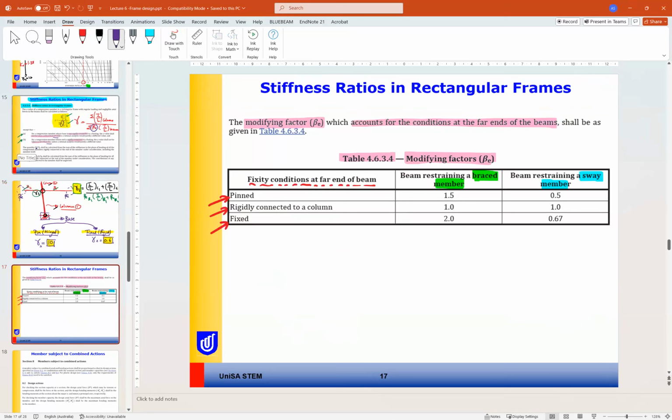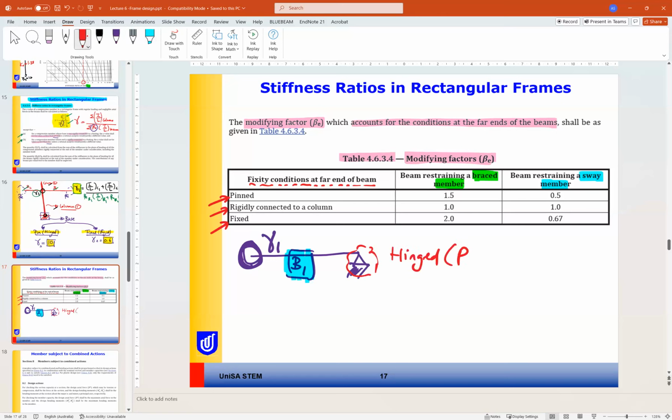So for the beam, if we are calculating gamma 1 here, we should look at the end, this B1. So we should look at the other end. This end can be hinge or pin, and in another case, this can be a fixed support.